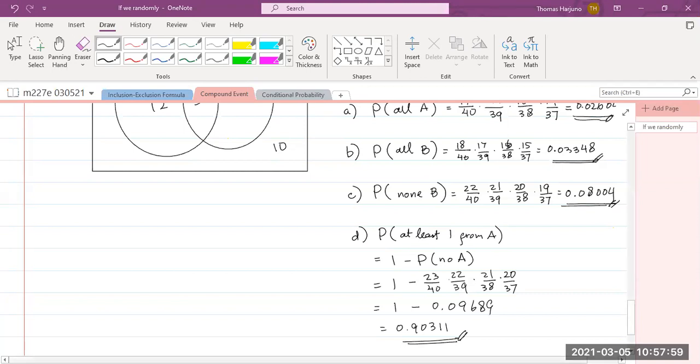Let me take a look at quiz 234, number 5. Yes, it's actually very similar. The question in quiz 234, number 5, is applied to a deck of cards.